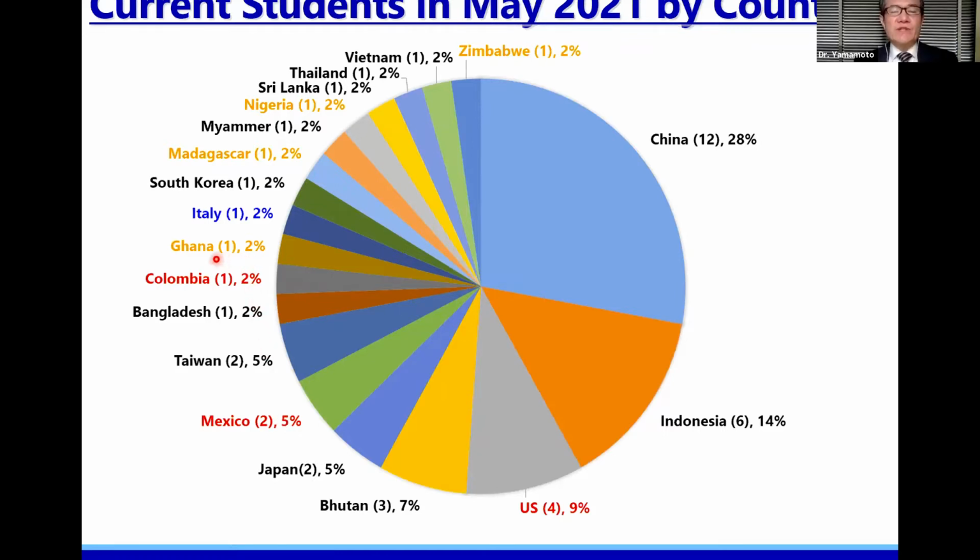And this yellow character indicates the African countries, for instance, Ghana, Madagascar, Nigeria, and Zimbabwe. However, currently, no Egyptian students belong to this program. So we strongly welcome Egyptian students to come to Japan and enter our IPAD course.